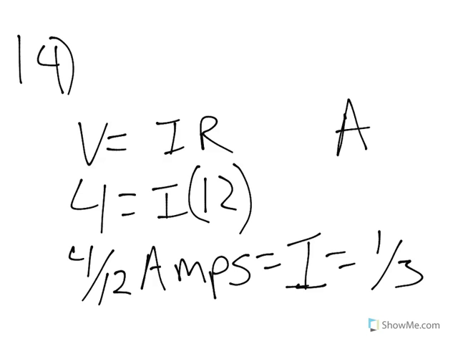Number 15 says the ratio of potential difference across a conductor to the current in the conductor is called. So you've got to figure out the ratio that it's talking about. Remember, potential difference is voltage.